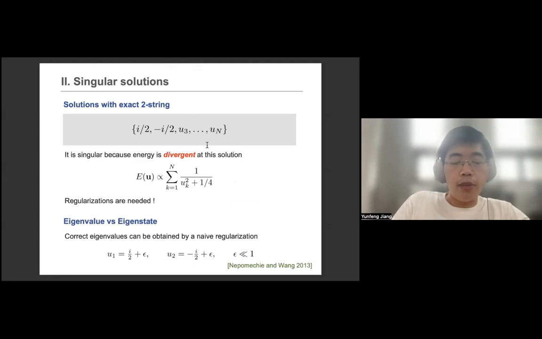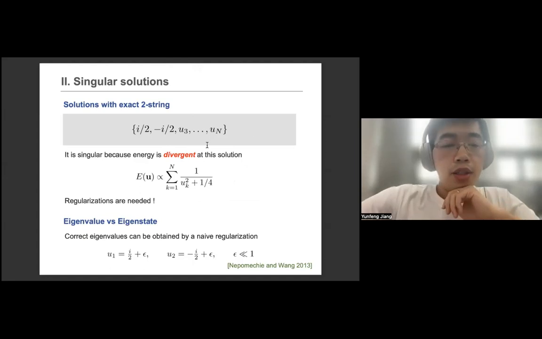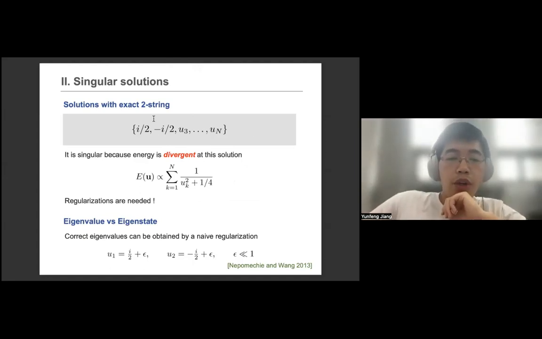Now, the second type of solution is the so-called singular solutions. So what are these singular solutions? It's the kind of solution which involves an exact two-string. Namely, it has the roots i/2 and -i/2, and then other regular roots.